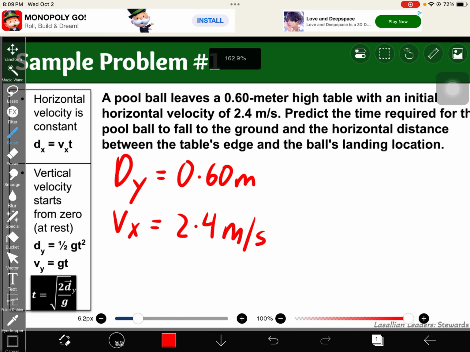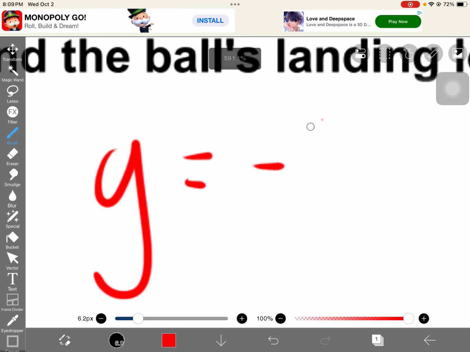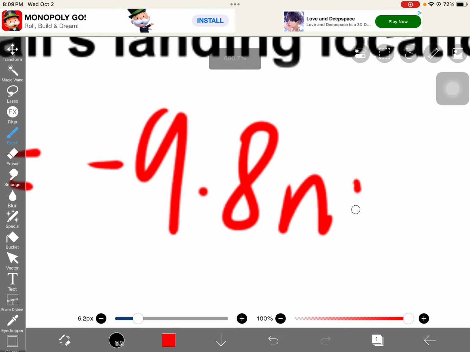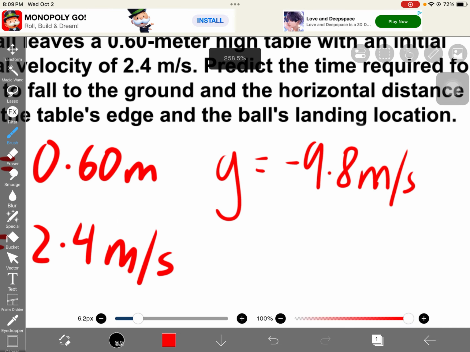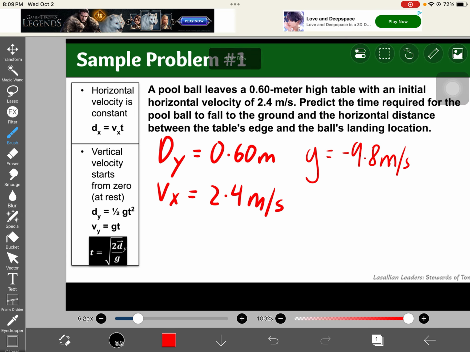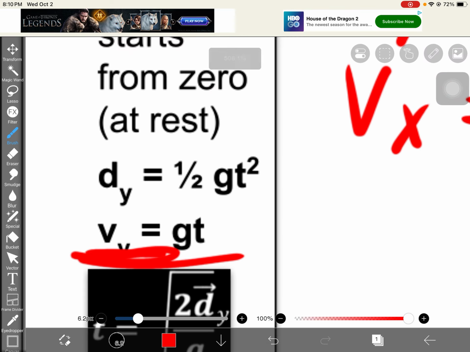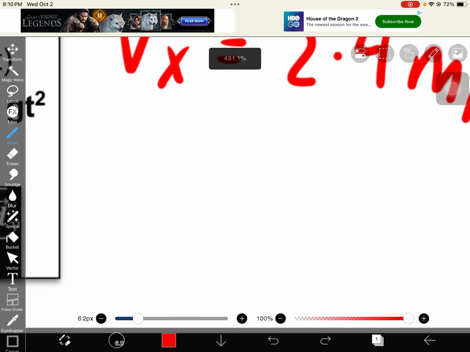Note that g is always negative 9.8. This is not the velocity, it's actually the acceleration, so take note of that. It's not the velocity, guys, it's the acceleration. Okay, we're going to look for the time.